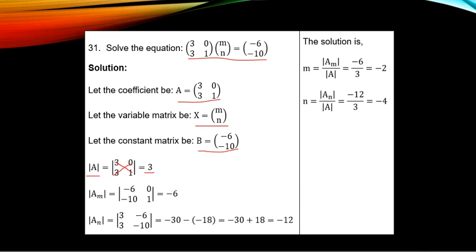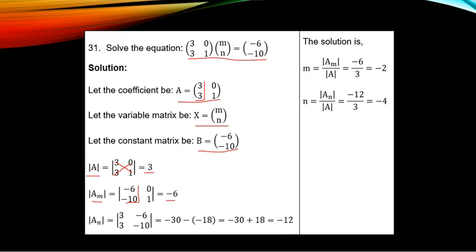Then determinant of A sub m, the m column is 3 3. You replace the m column with the constant matrix, that is minus 6 minus 10. If you find the determinant, you have minus 6.